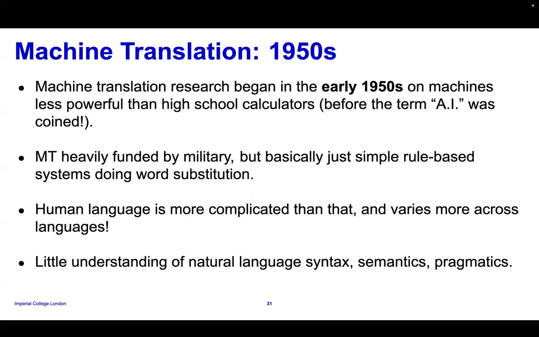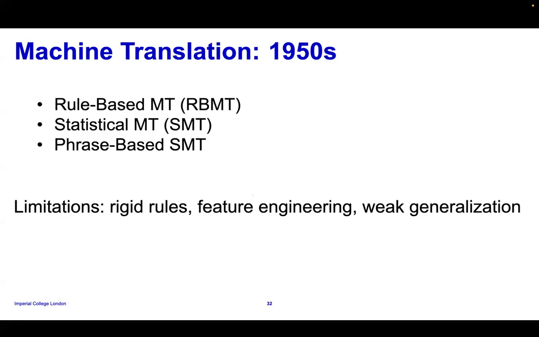For example, if I want to translate Hausa to English, I will look into what is the translation for a particular word, and replace it with that. That's what it did. So we have three different ways to do machine translation in those days: rule-based, statistical machine translation, and phrase-based SMT. These are the approaches you used to do machine translation in the 1950s: rule-based, statistical, phrase-based.